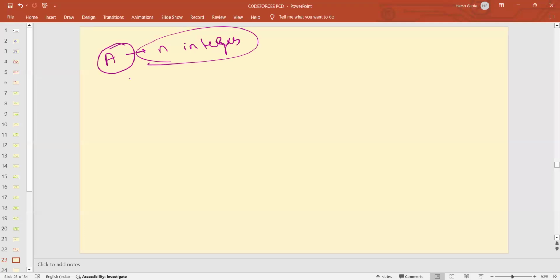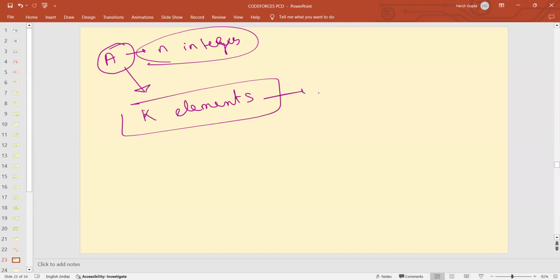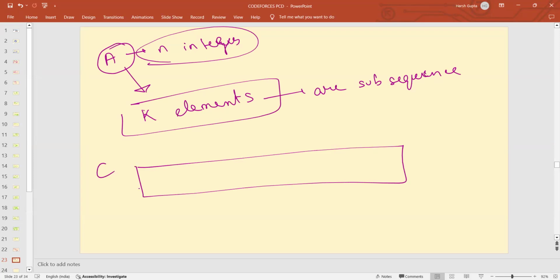Now out of this array A, you are choosing k elements as a subsequence, and using these k elements, you are constructing another array C. So this array C contains k elements, and C is a subsequence of A.